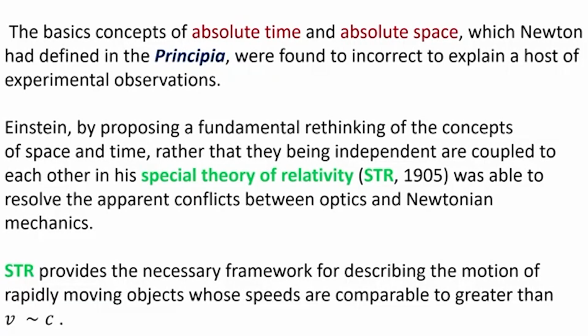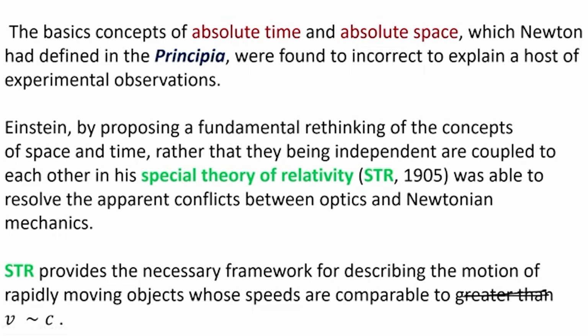So, STR, or the special theory of relativity, proposed in 1905, provides a necessary framework for describing the motion of rapidly moving objects whose speeds are comparable to c, the speed of light. So, v is always less than c, as I said, but it cannot be more than c.